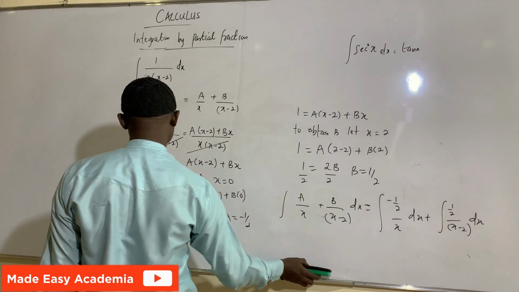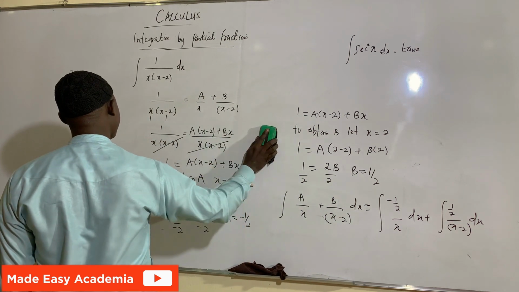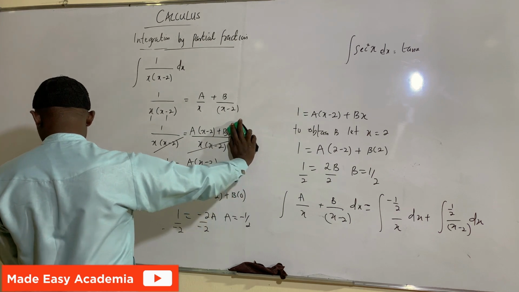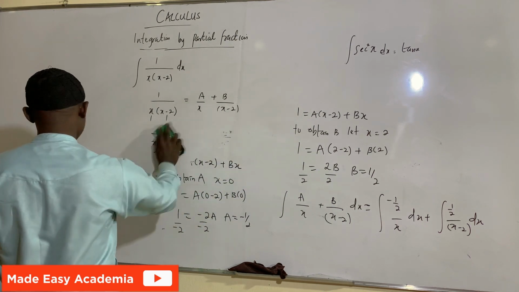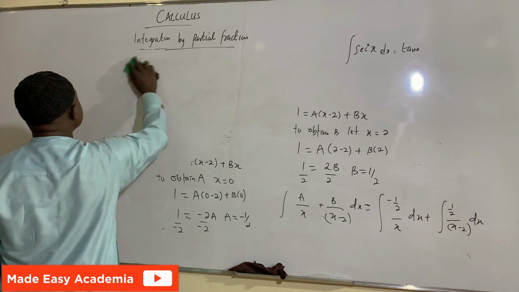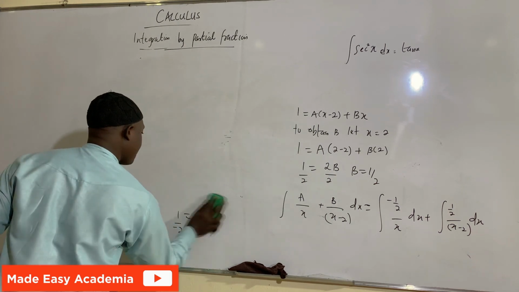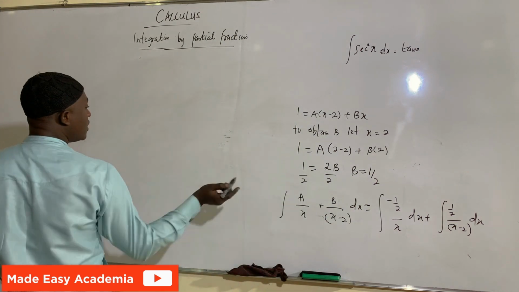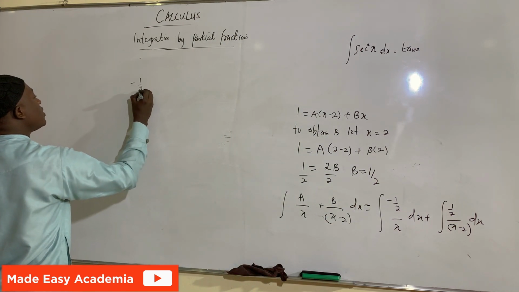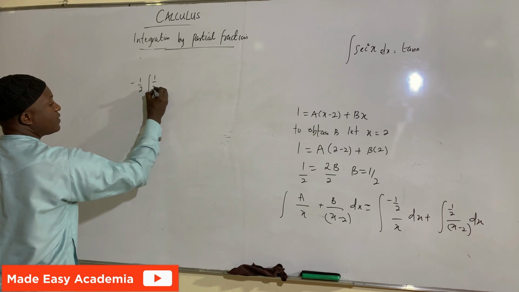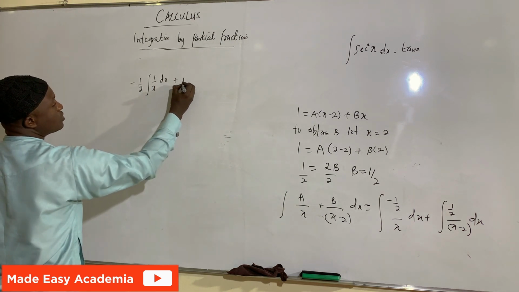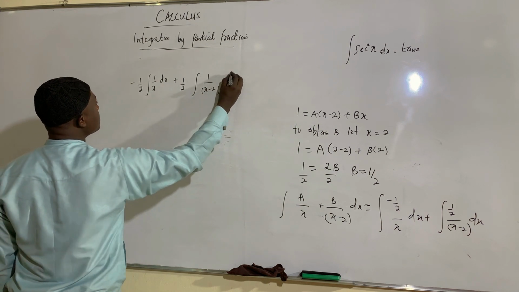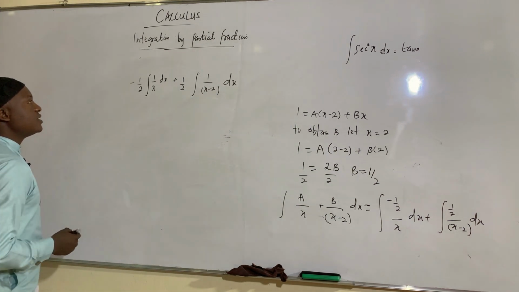For the first one, I can pull out that minus: minus 1 over 2 integral of 1 over x dx plus 1 over 2 integral of 1 over x minus 2 dx, right?